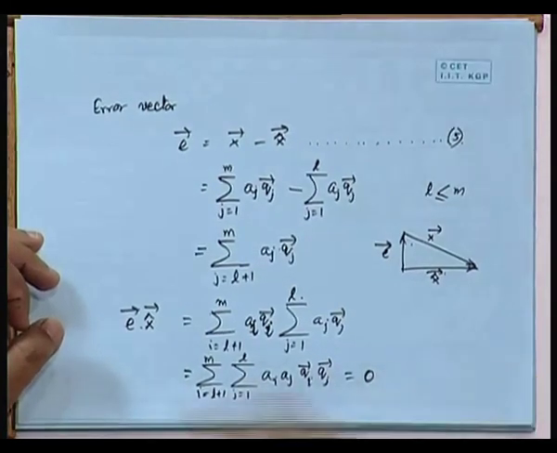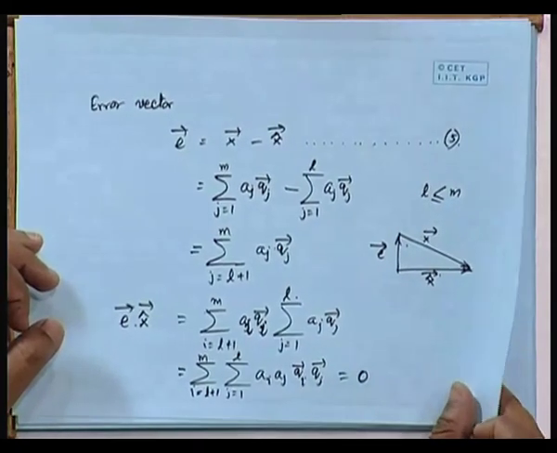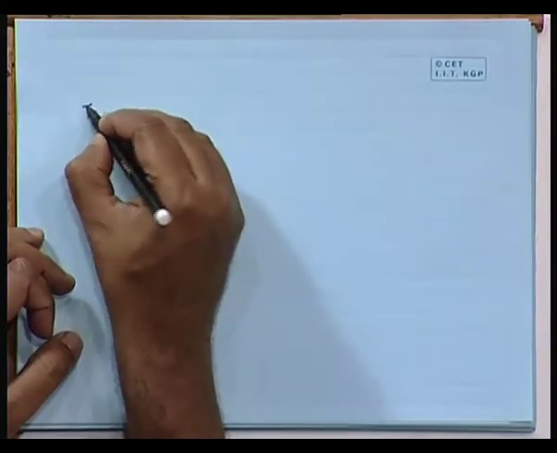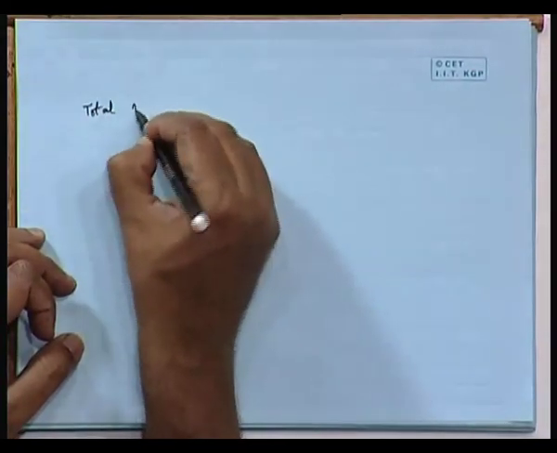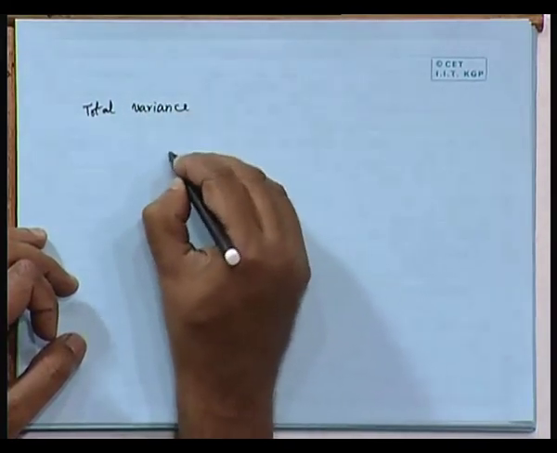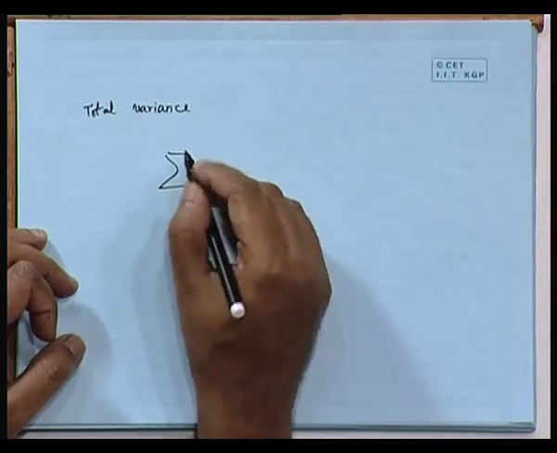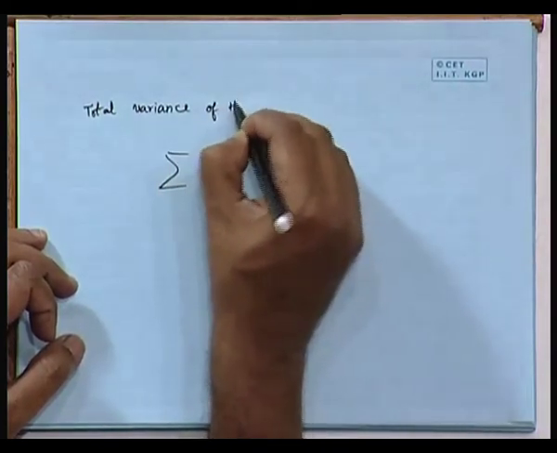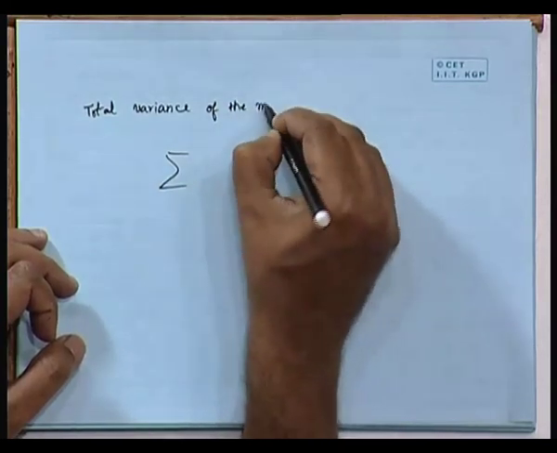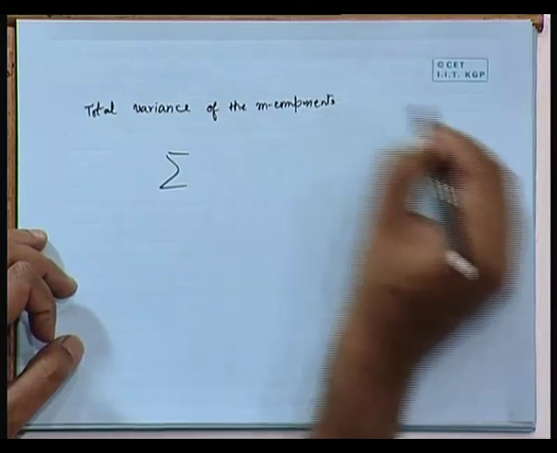And another thing that one needs to observe is about the variance. You see the total variance of the data vector, of the m components of the original data vector.